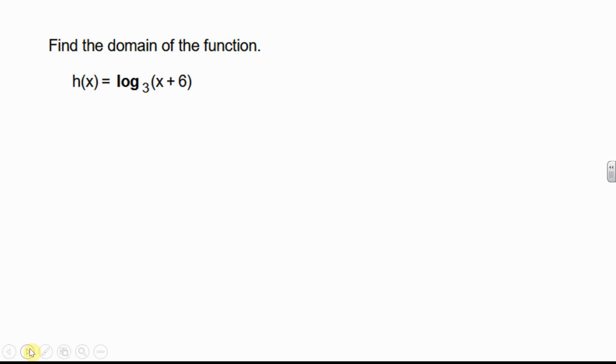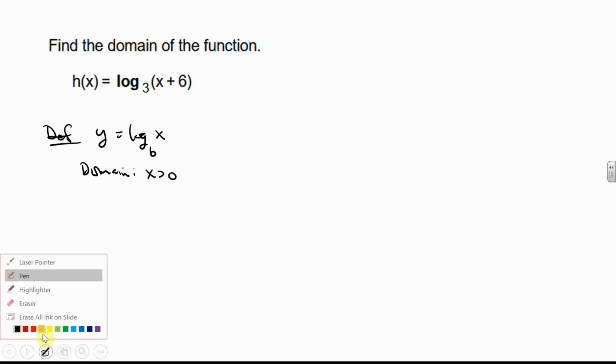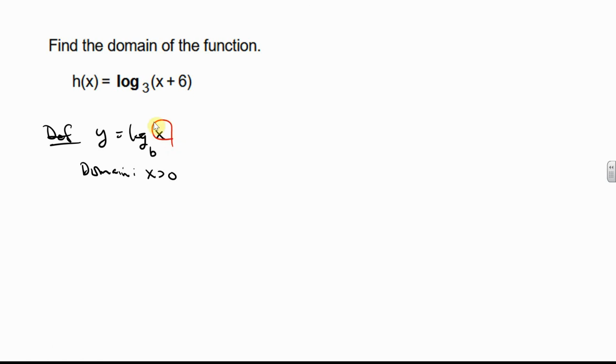Find the domain. Well, no problem. Remember, we talked about the definition that y is equal to log base b of x. The domain here is that x has to be greater than 0, whatever is there. Now, please understand, in algebra, x just represents what's there.